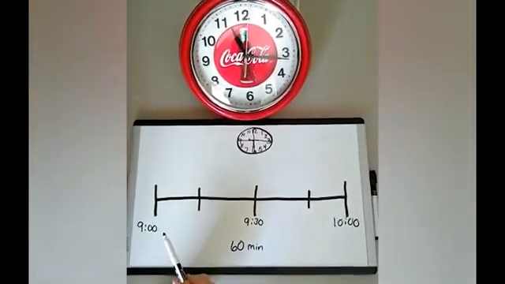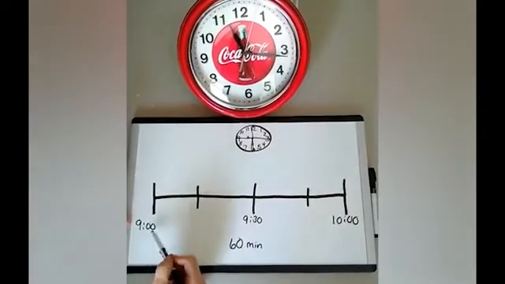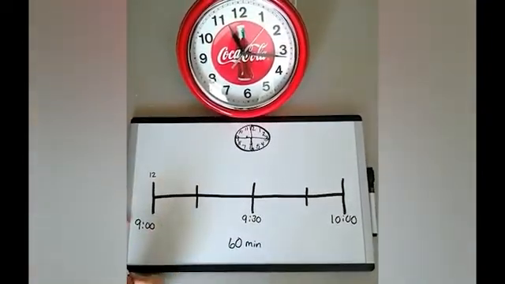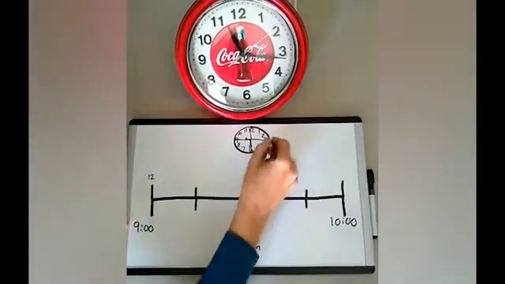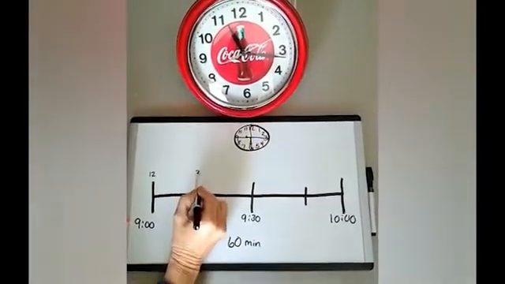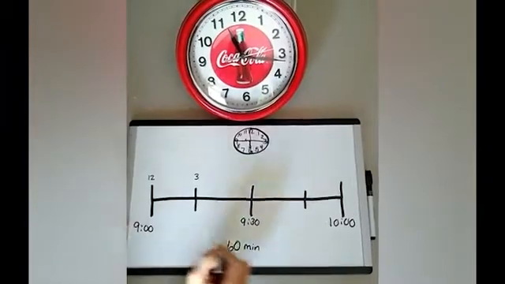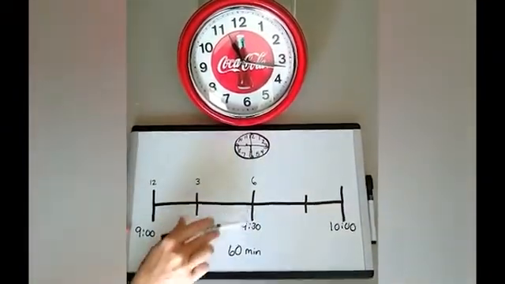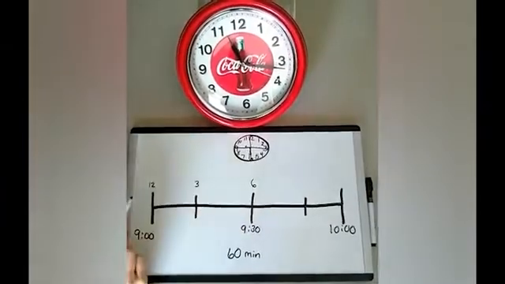Ooh, that kind of helped me out. There's 9 o'clock, so that's where my 12 was. And my next number I get to is my 3 on my clock. And the next number I get to is 6. Oh, that's making me feel even more confident that that's 9:30.